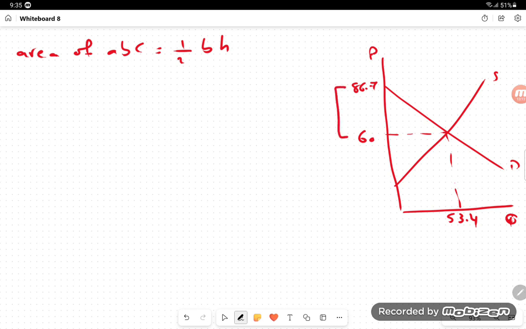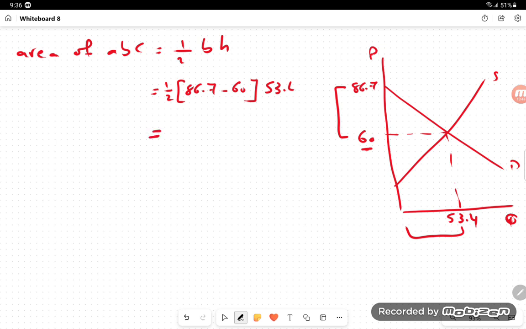So the height is the difference between the actual price and the highest point, or the price if the quantity equals 0, and it will be 86.7. So it's half multiplied by 86.7 minus 60, and the base is the equilibrium quantity, which is 53.4.